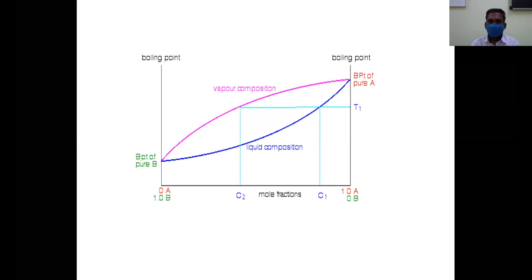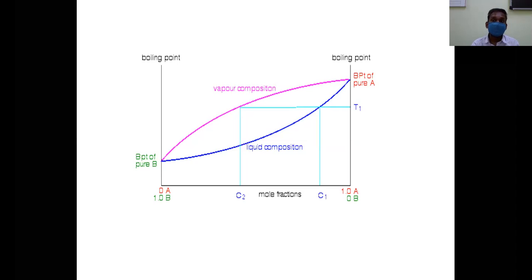So at C1, start heating it. The solution of composition C1 will boil at T1. That is the boiling point. T1 is the boiling point of the solution of composition C1. Now collect the vapors at this temperature and condense those vapors. Find out the composition of the liquids in the vapor.